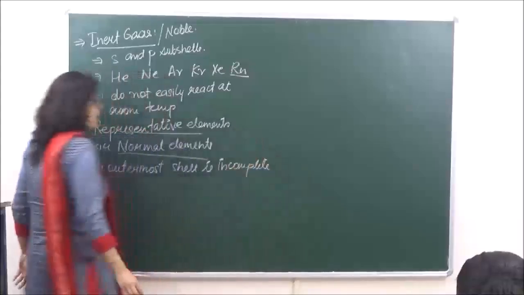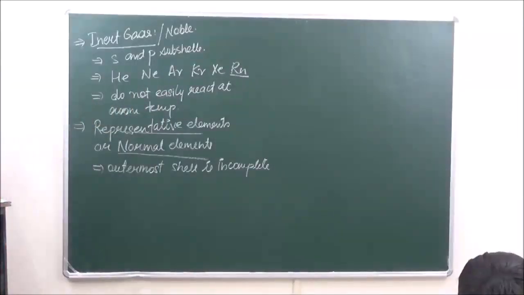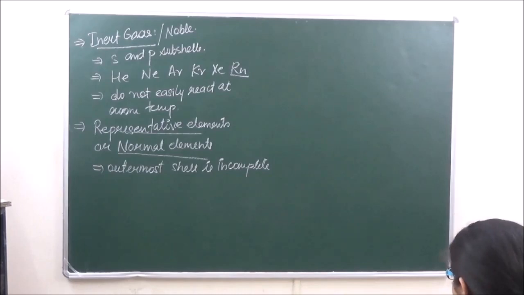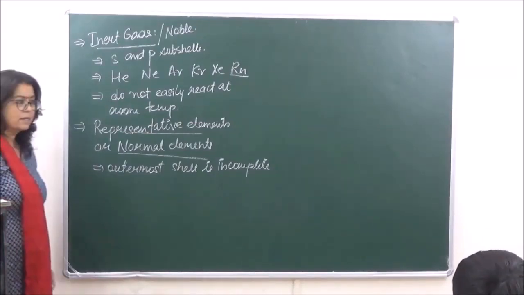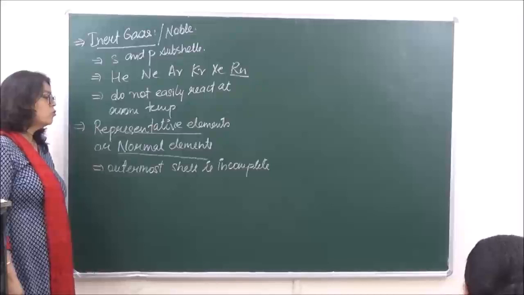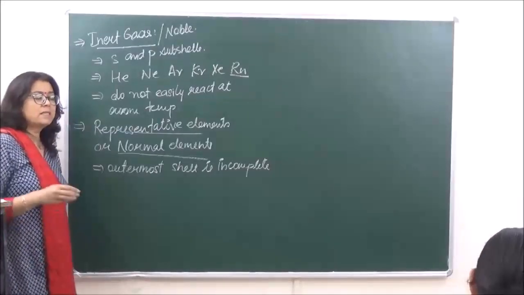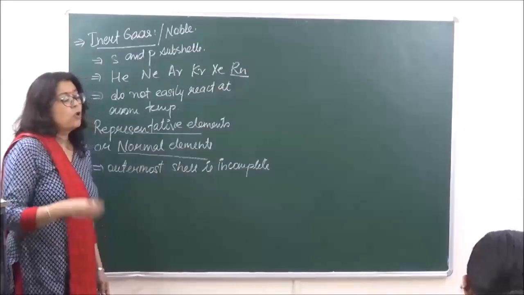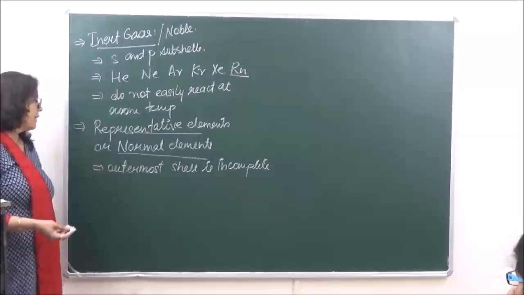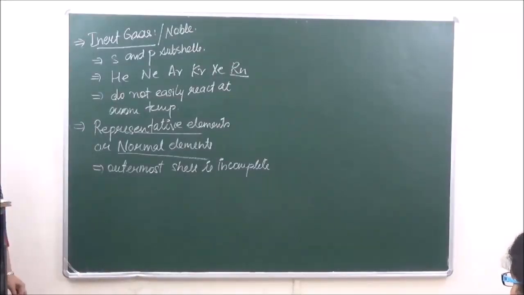Okay, so for alkali metals, it is going to be NS1, NS2, and then NP is not filled. Then when we go to halogens, it is NS2, NP5. So P is not completely filled. Therefore, we say that the outermost shell in this case is going to be incomplete.